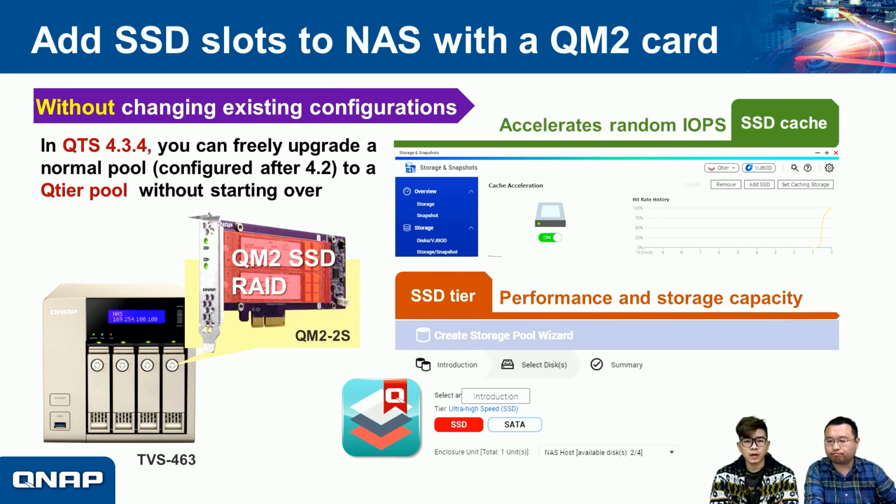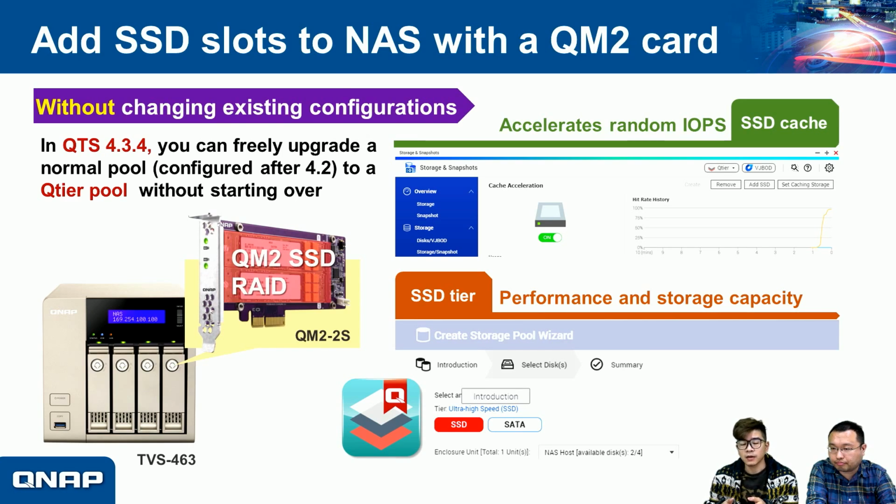Okay. For Qtier, we have actually explained this in many of our videos. Basically, Qtier is a good way to help you identify which data you always upload and download. We call it hot data, and we move the hot data into SSD so you have a faster speed while you upload and download.